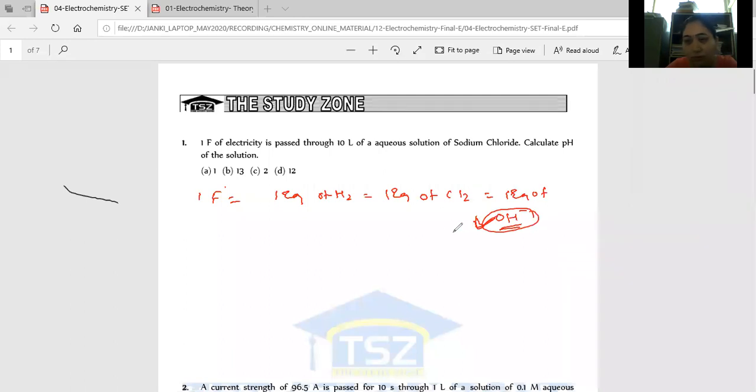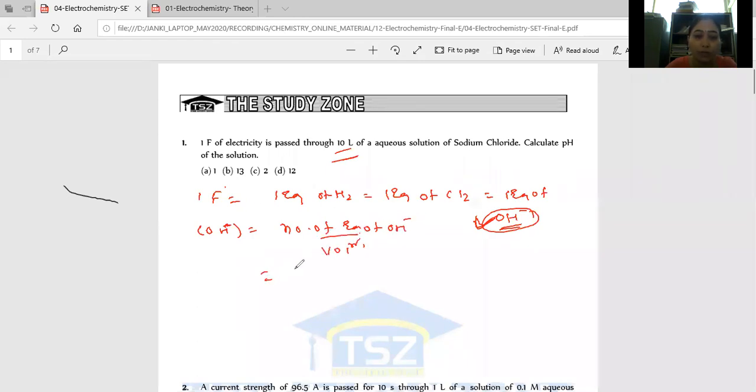Now, if I want to find out the concentration of OH minus, just take care: the solution is 10 liters. If I want to find out the normality of OH minus inside the solution, we have the equation: number of equivalents of OH minus divided by volume.